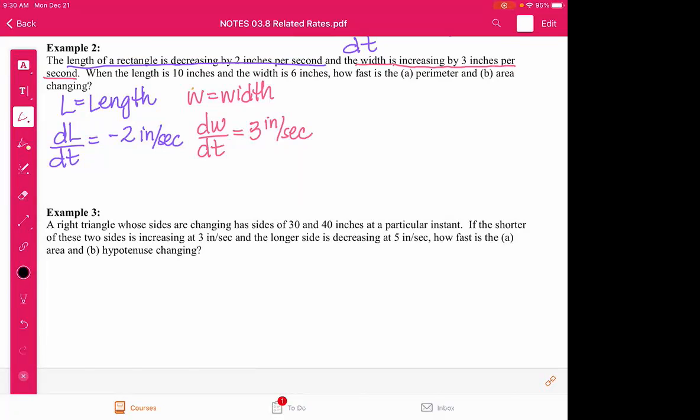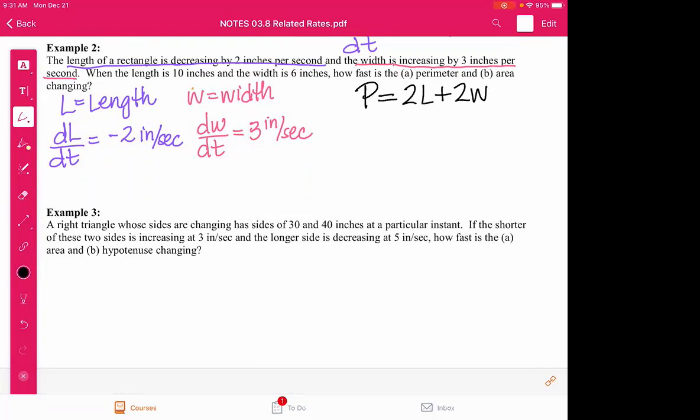What is the formula for perimeter of a rectangle? Right, 2L plus 2W.